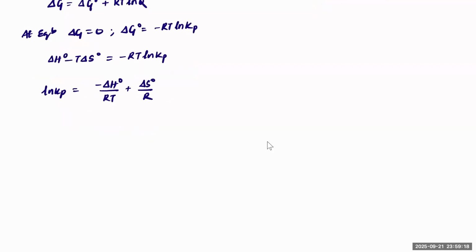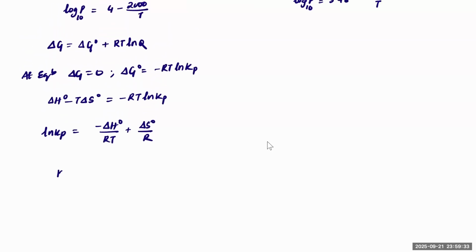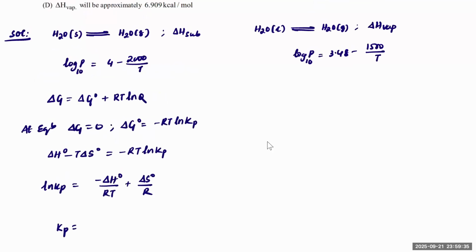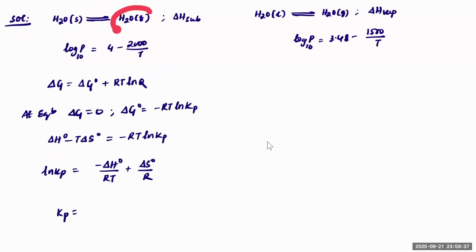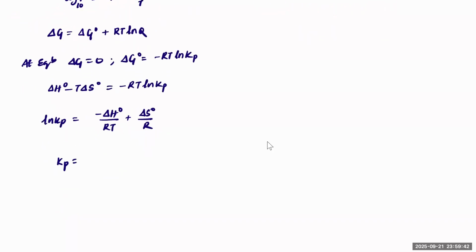This is the equation we can write here, isn't it? So in that case, now what is Kp exactly? Kp is the representation of partial pressures of the products over the reactants. So it will be equal to the partial pressure of H2O in the products over the reactant, which is liquid.